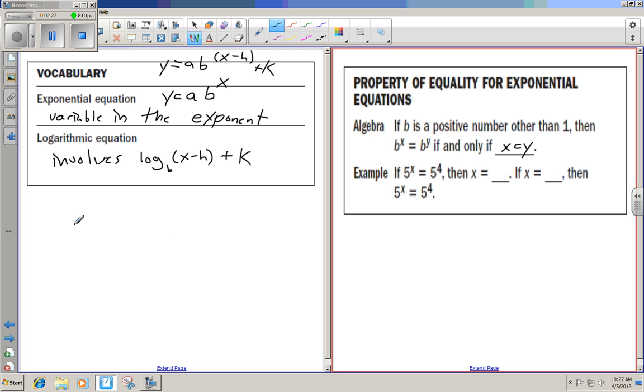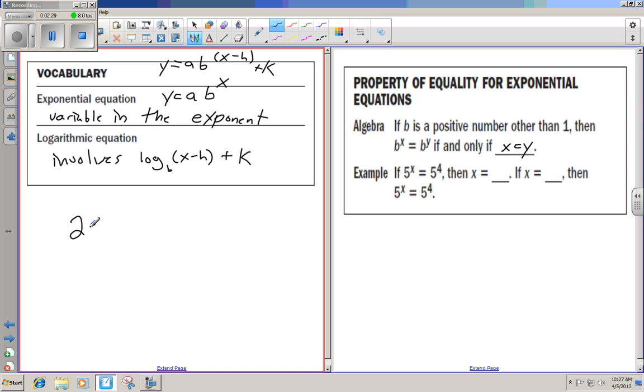What this is saying is, if you have 2 to the x equals 2 to the y, don't these exponents have to be the same? This side equals this side. They have to be the same. That's why if you say 2 to the power of x equals 2 to the power of y, the variables have to be the same.